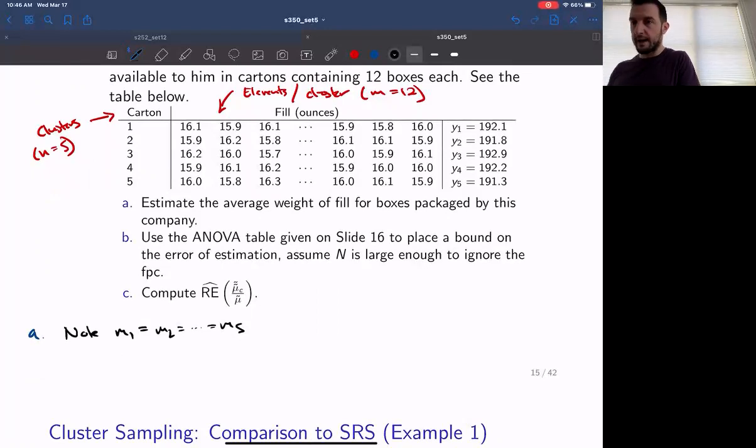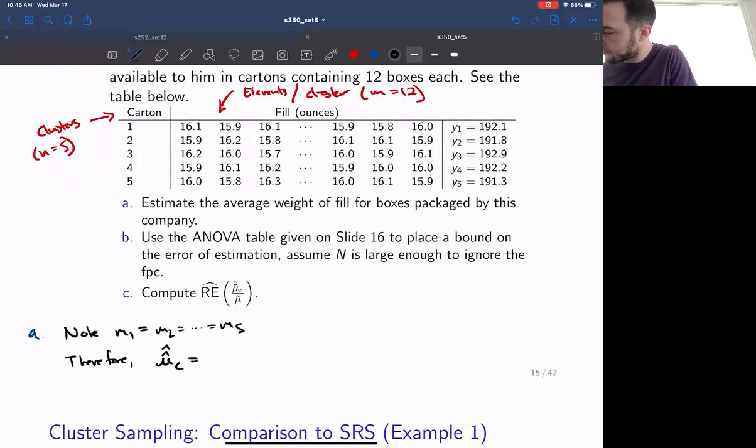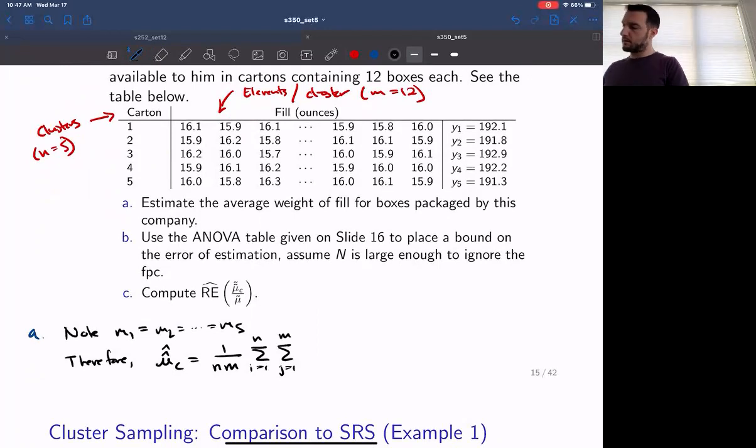Since we have consistent cluster size, therefore we can use mu double hat C, which is 1 over little m times n, of the sum from i equals 1 to n, times the sum from j equals 1 to m, of the yij.